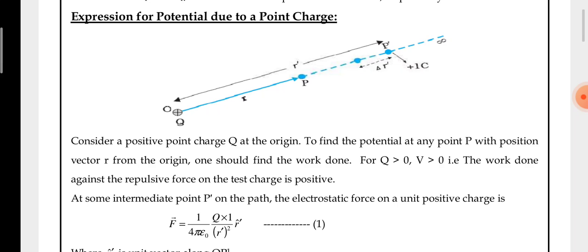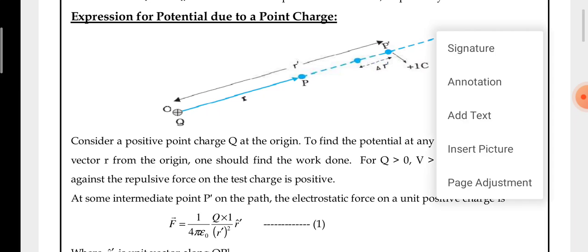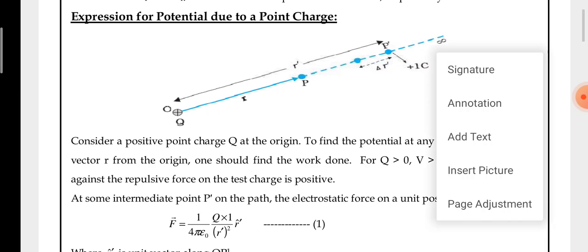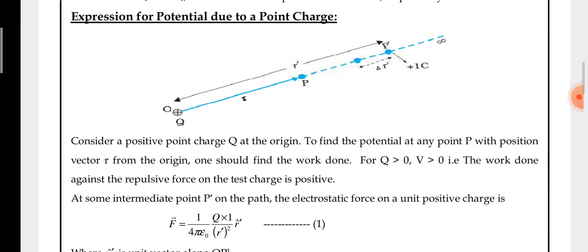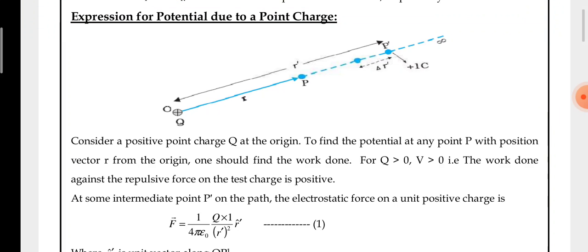In that case, capital Q charge is here and plus 1 coulomb charge is here. These two are initially at a distance R dash. In between these two, an electrostatic repulsive force will exist. That force is F equal to 1 by 4 pi epsilon naught Q1 Q2 divided by R square.